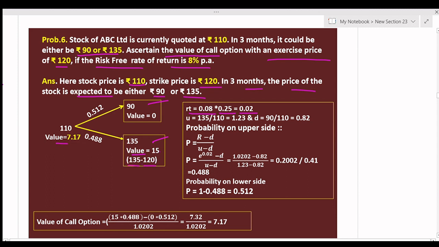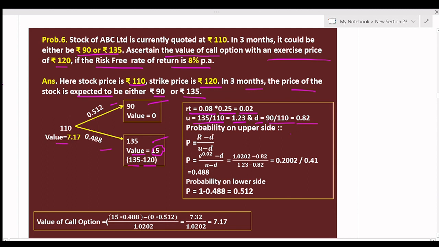Now you find out the probability of the lower side as well as the upper side. Before this you have to find out U: 135 by 110, that is the upper side, is equal to 1.23, and D is 90 by 110, is equal to 0.82, the lower side.